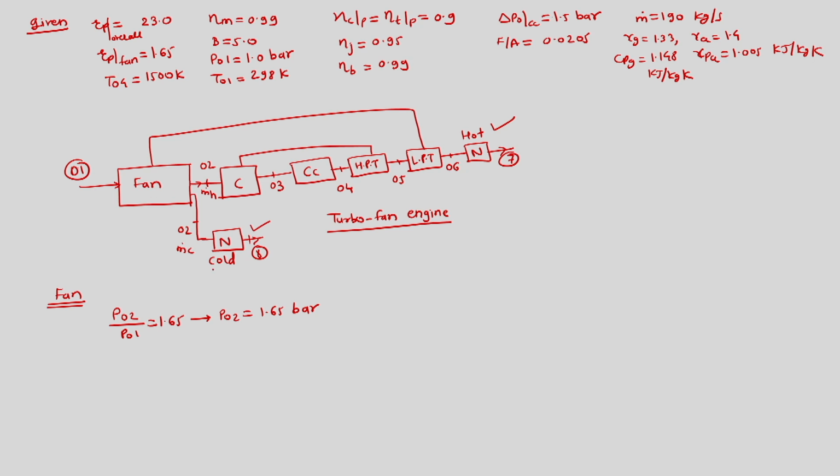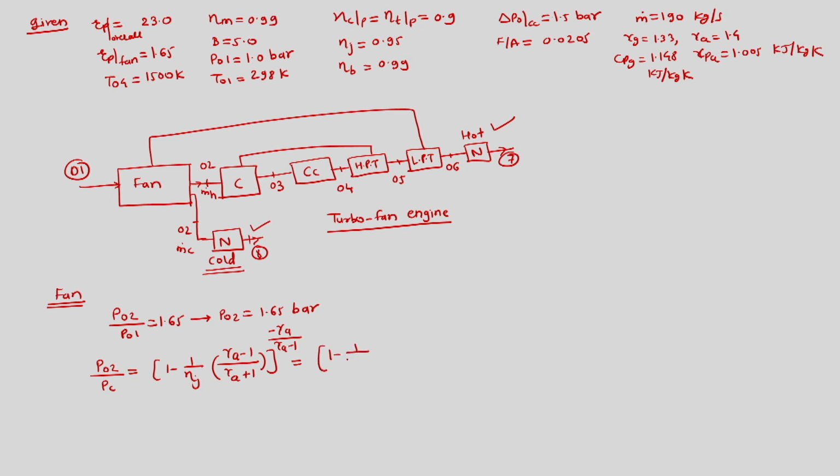Now after the fan there is the cold nozzle. So the gas which is at P02 is going to enter the cold nozzle, and we have to see if this nozzle is choked. For that we check the choking condition: P02 upon Pc is equal to 1 over (1 minus the nozzle efficiency times (gamma air minus 1) divided by (gamma air plus 1)), raised to minus gamma air divided by gamma air minus 1, since this nozzle has air.